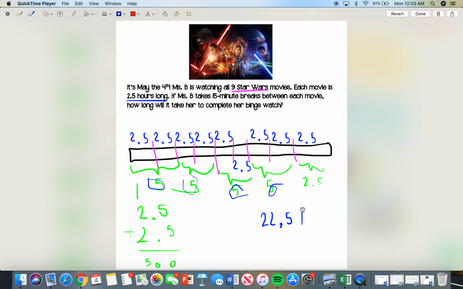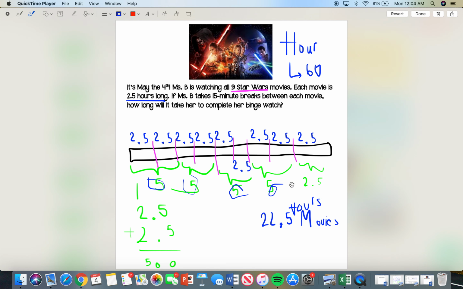just for the movies. I'm going to say M for movies. Now, how much is 0.5 of an hour? Remember, an hour is 60 minutes, right? So 0.5, or half an hour, and I'm going to make it M for movies, otherwise I might get confused with minutes. 2.5 hours for the movies, right?